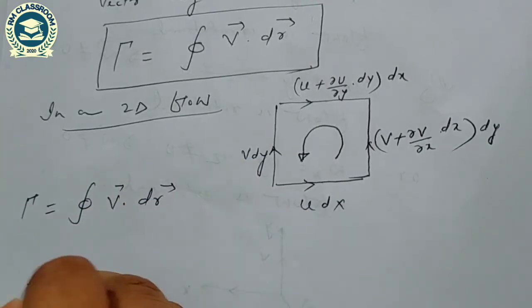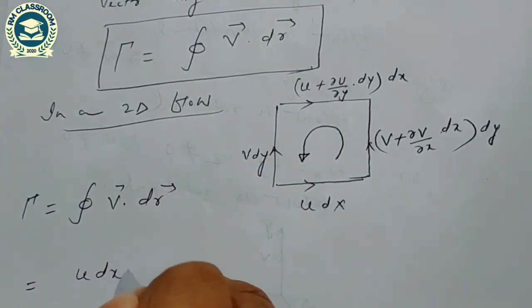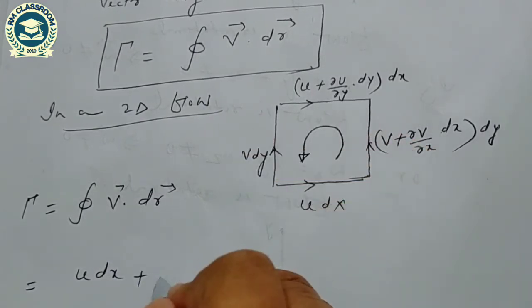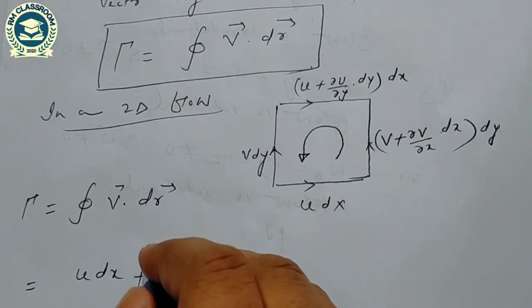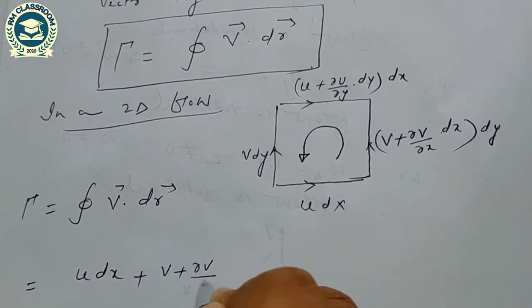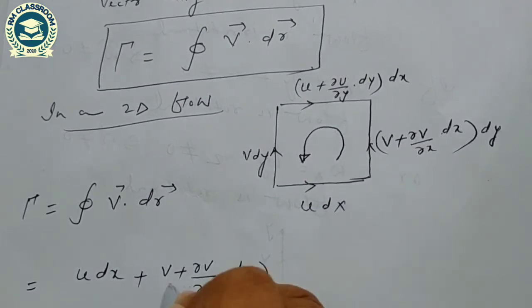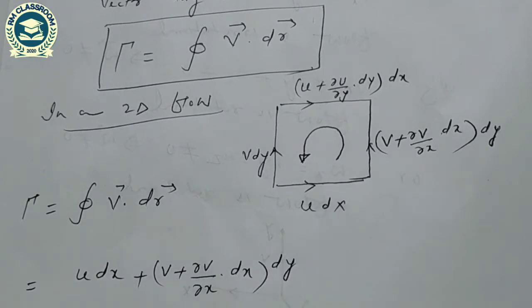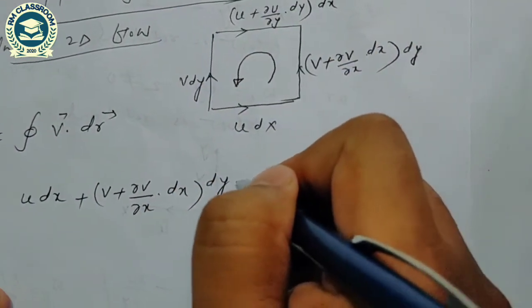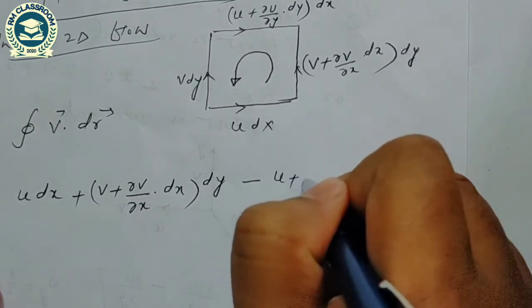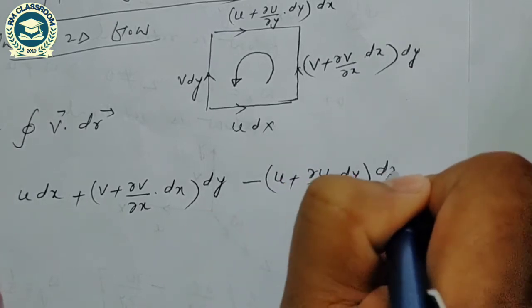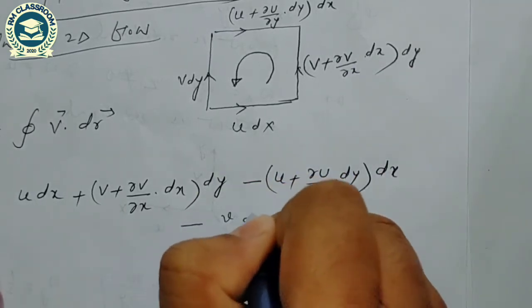So we can write u into dx plus v plus del v by del x into dx into dy, and this is in the opposite direction, so we can write minus u plus del u by del y into dy into dx minus v into dy.